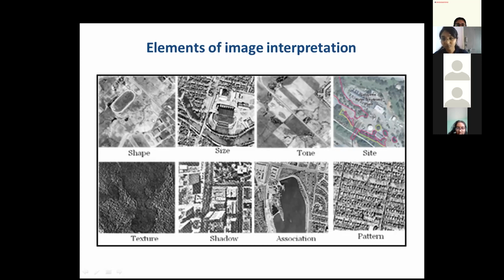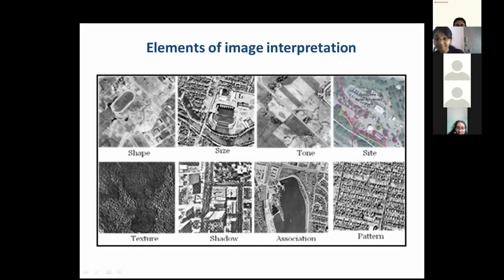Both have water, so both have the same spectral signatures, but the shape of one kind of water body is regular. It is round or rectangle, then you can say it's an artificial one. But water bodies with irregular shapes are natural ones. So that's why shape is one element for image interpretation.